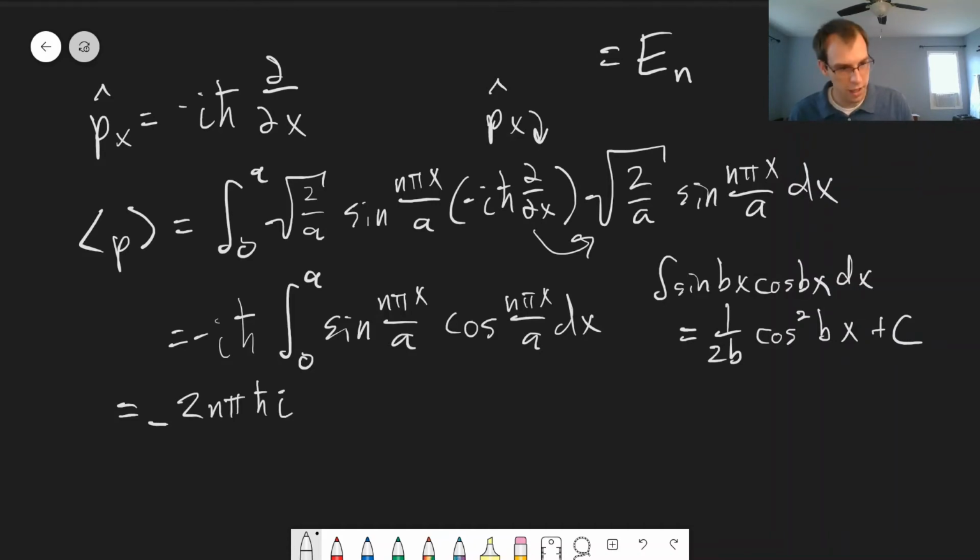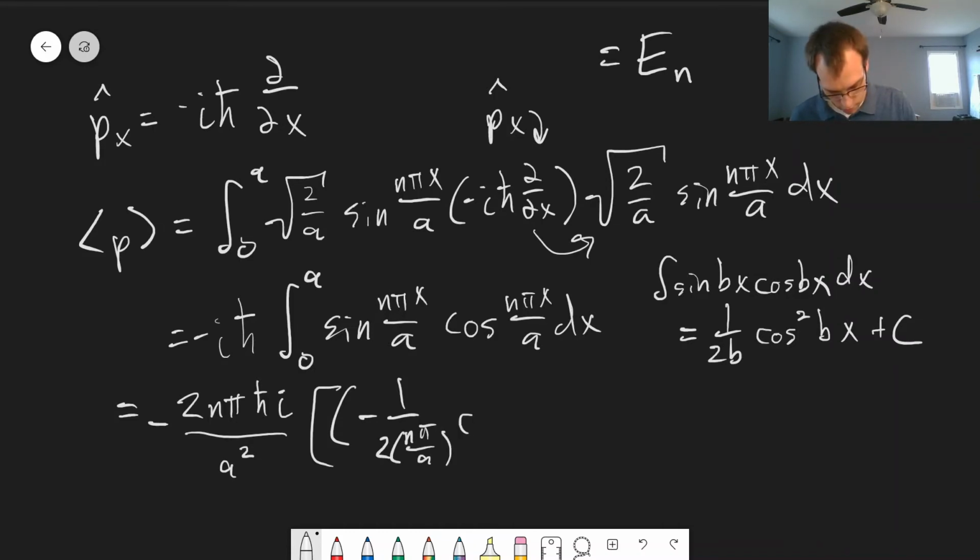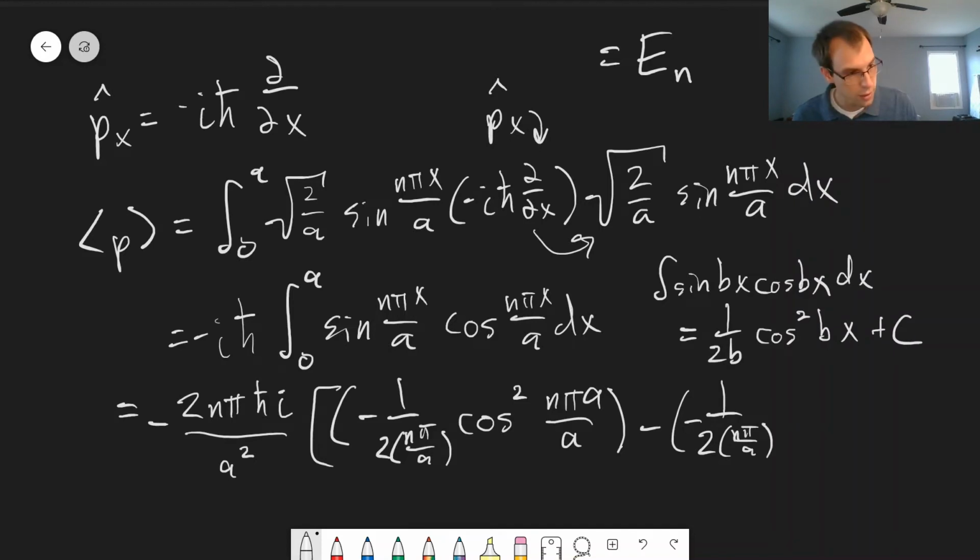So our i h bar gets carried along, over a squared, times negative 1 over 2 n pi over a, cosine squared of n pi a over a, minus negative 1 over 2 n pi over a, cosine squared of 0.